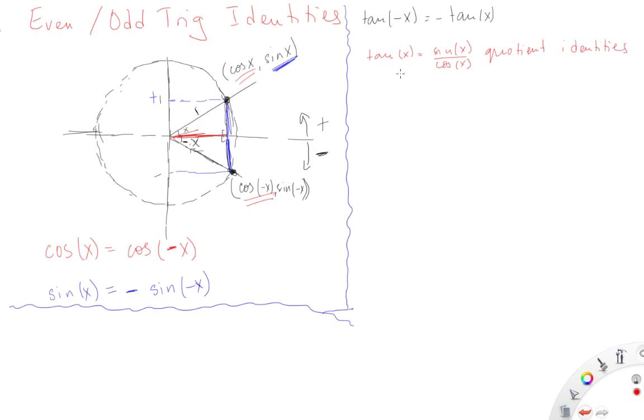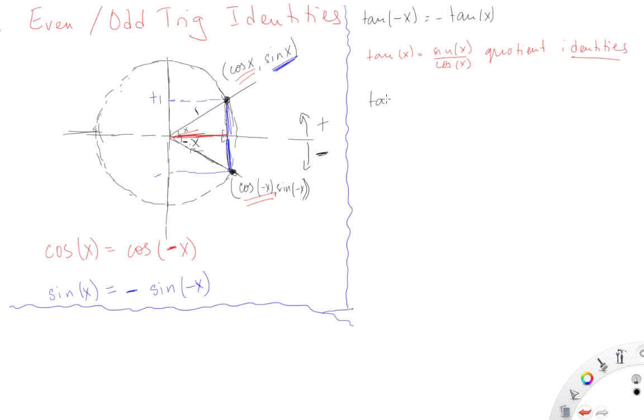Okay, so we're going to use the quotient identity to prove the new identity we're looking at. I know that tangent of x is always equal to sine of x over cosine of x, no matter what x I plug in, because this is a proven identity from a previous part in your activity guide. Therefore, now I'm going to substitute: instead of x, I'm going to use negative x.